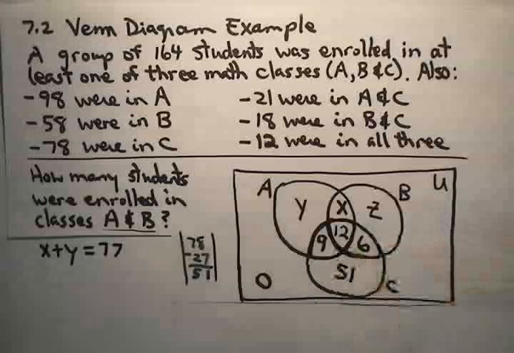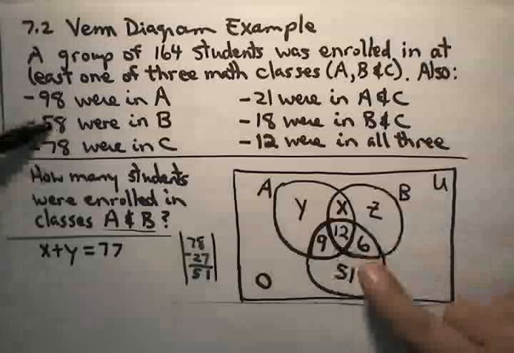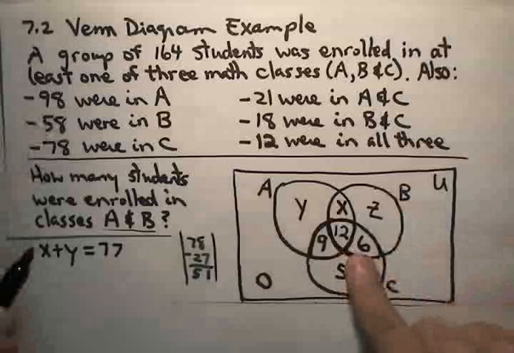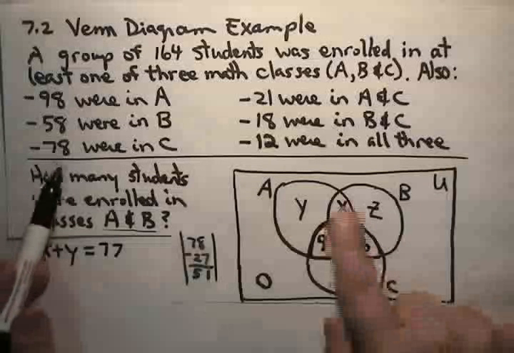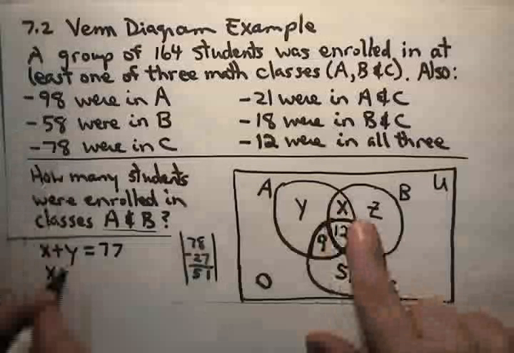Doing a similar thing with B, there were 58 students in B, and I've already counted 18 of those, so the remainder, 40, is everybody else in B, which is X plus Z.